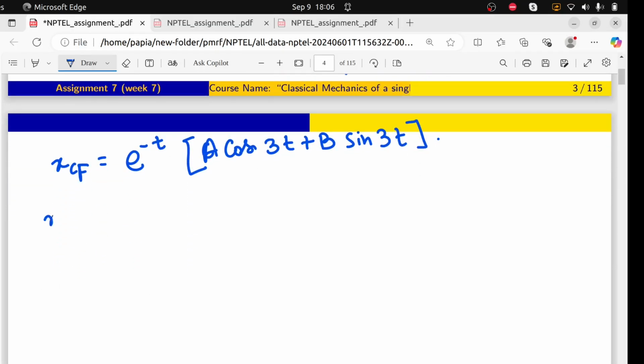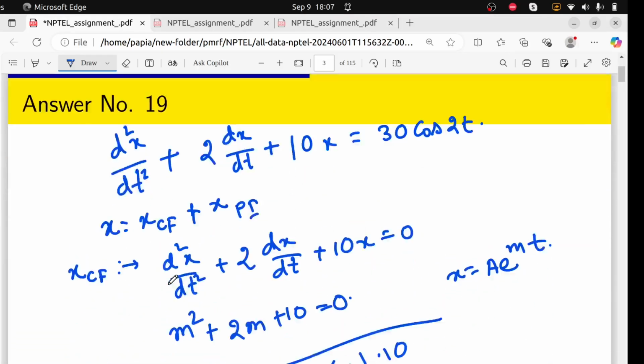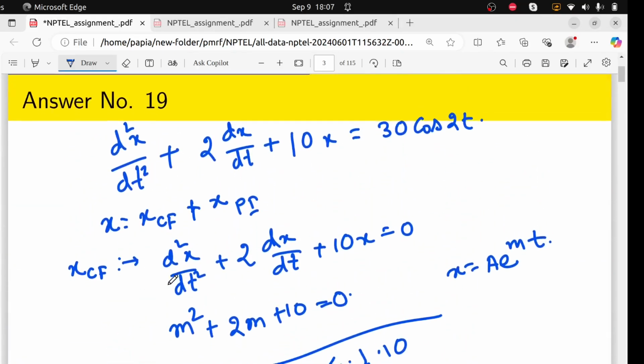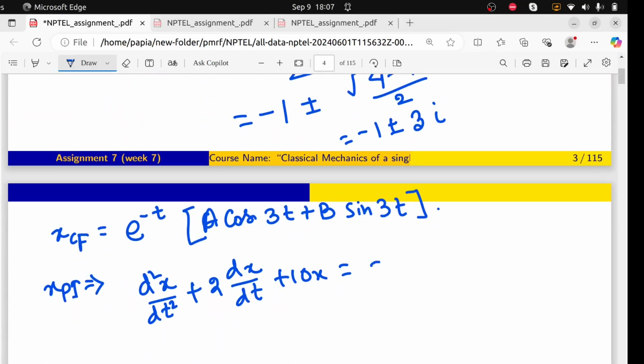Now coming to x_PI. For x_PI, we have to write the whole expression with the right hand side as well: d2x/dt2 + 2 dx/dt + 10x = 30 cos 2t.